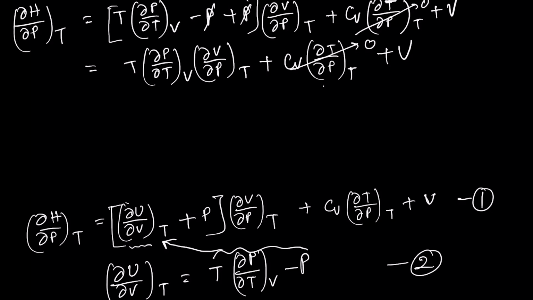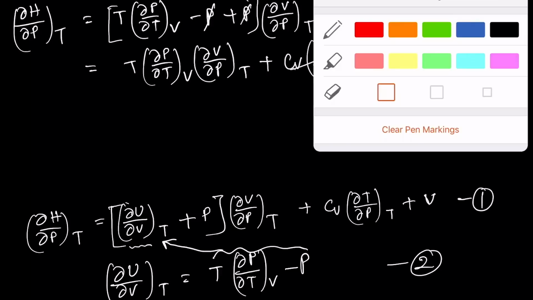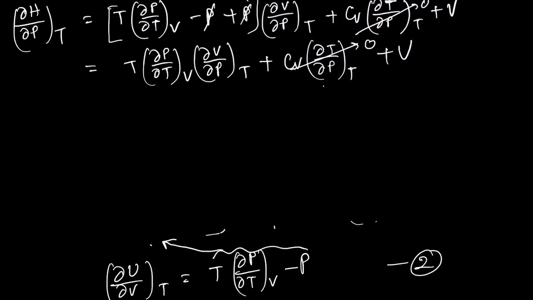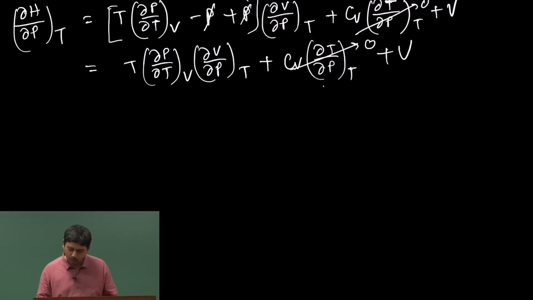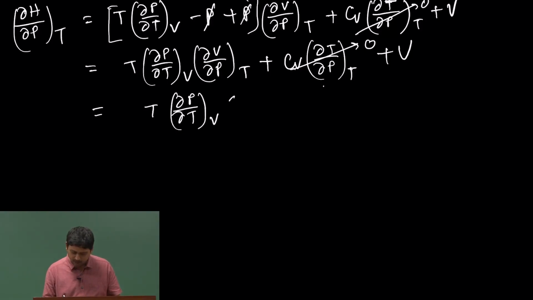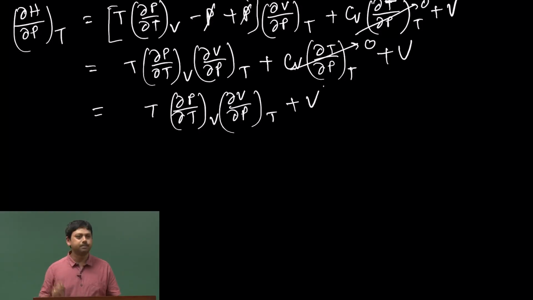You understand? So now I have this. I am going to delete this portion now. I now more or less have a handle on the situation. Now, it is giving me this quantity, T del P del T at constant V times del V del P at constant T plus V. Nice looking small expression.